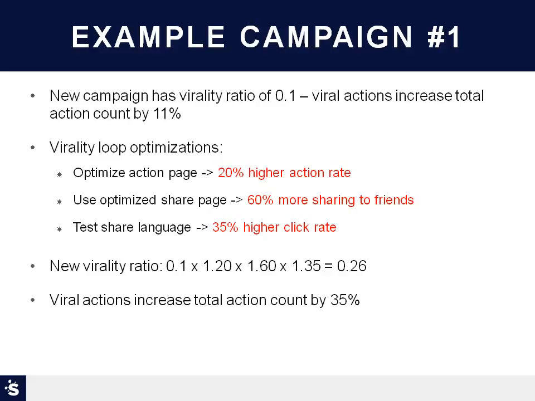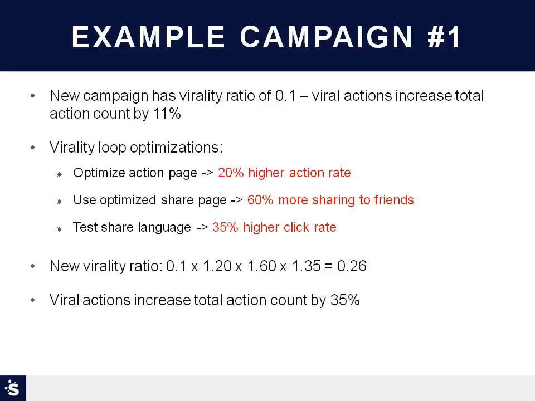If you're using either some very basic, straightforward share button, a Facebook Like button, or not having anything at all. So by using effective sharing, you can actually get as much as 60% or more people to be telling their friends and saying, hey, I just signed this petition, you should too.